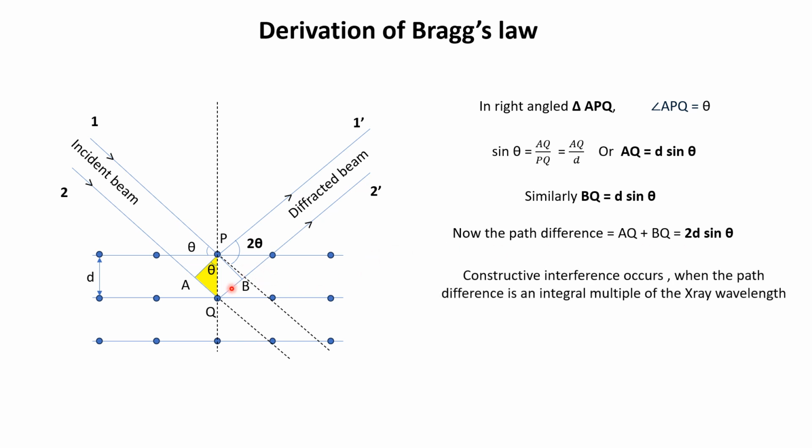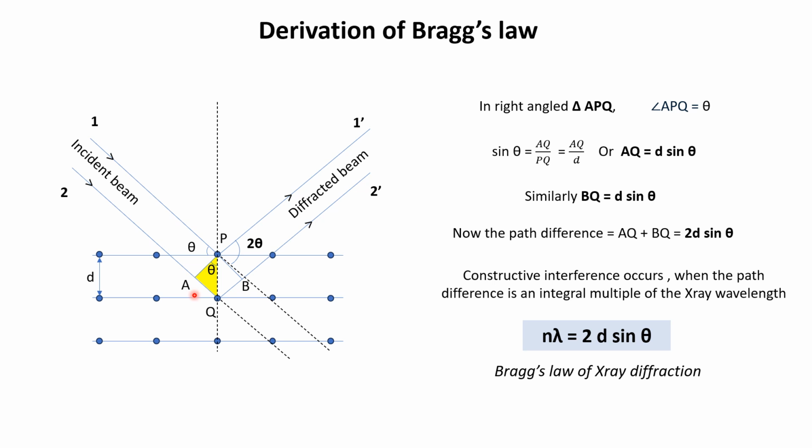Now according to Bragg, he theorized that constructive interference occurs when the path difference is an integral multiple of the X-ray wavelength. So for constructive interference to occur, the path difference, that is the summation of AQ and BQ, should be an integral multiple of the X-ray wavelength, that is n lambda equals 2d sin theta.